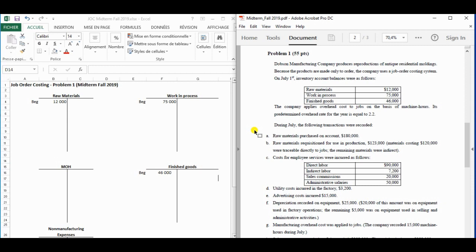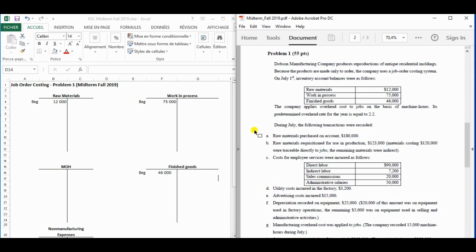The company applies overhead costs to jobs on the basis of machine hours. So here the machine hours are your cost driver. Okay, so I said that the cost driver is the best measure which explains the changes, or the increase and decrease, or the variability of the MOH, the manufacturing overhead.